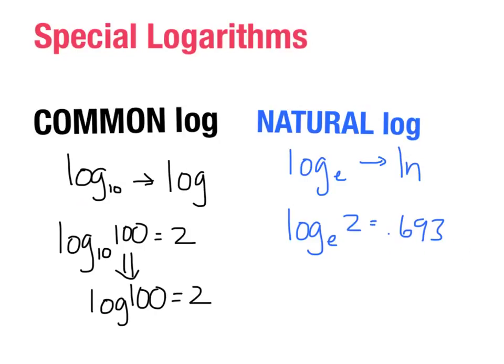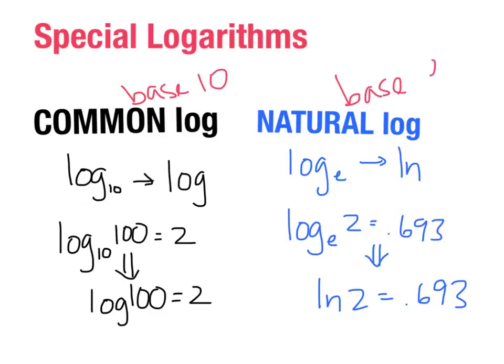And this decimal actually goes on. You could just rewrite this as the natural log of 2 equals 0.693. Again, if you just see the word log with no base, the base is 10. If you see the ln without a base, the base is e. We're going to have to do a lot of this. So this is base 10, base e.